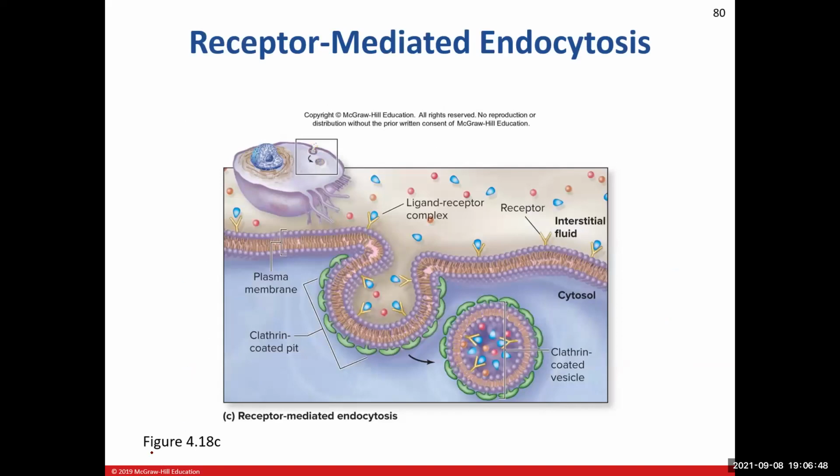Okay, so all these little things, the blue is going to work out better. The blue ones are our LDLs, our low density lipoproteins. So these receptors are special for that. The LDLs will attach onto these receptors, and when we get enough of them, the cell plasma membrane will fold in on itself.